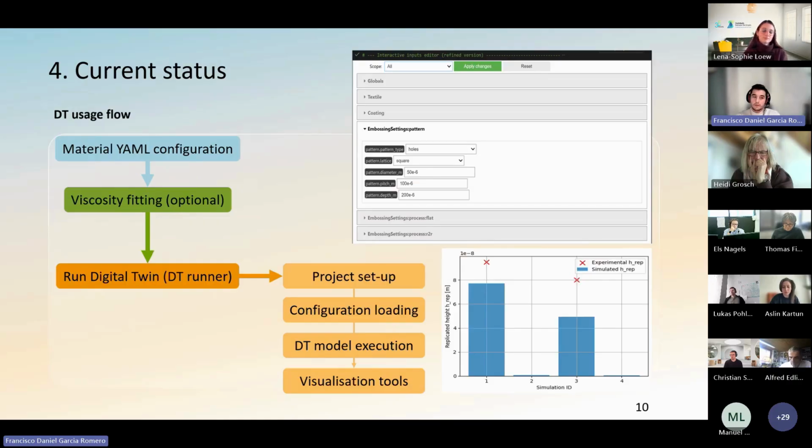So now I will explain how the digital twin really works from a user's perspective. First, you need to configure the files, which are in YML format, for the materials that you are going to simulate. Then you have the option also to do a viscosity fitting of the curves that are relevant to the material you want to simulate.